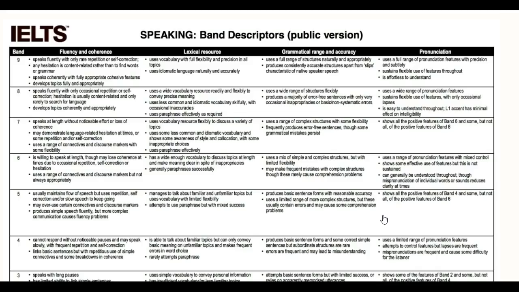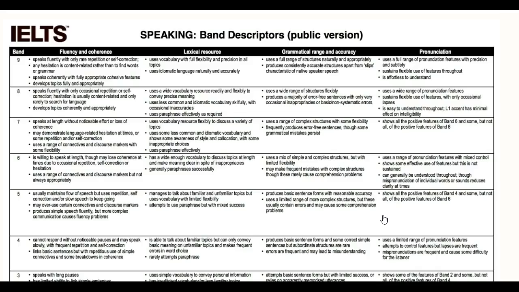So combine that with the sh sound, and these people have a ton of problems with words like ship. Okay, so if you want to say something like the ship came to the beach, it ends up sounding like the sip came to the beach, which is completely wrong, and it just creates confusion because, as I said before, sip is another word that exists in English.